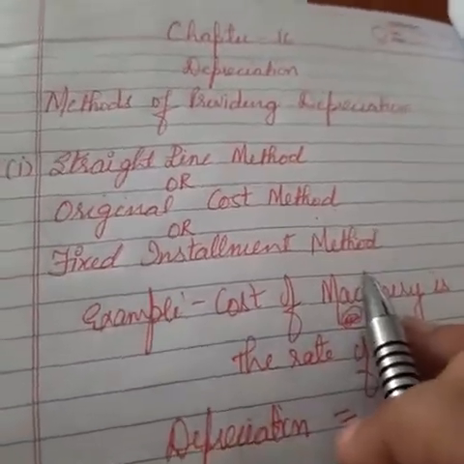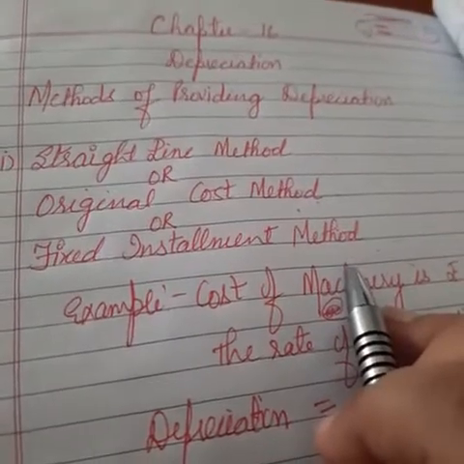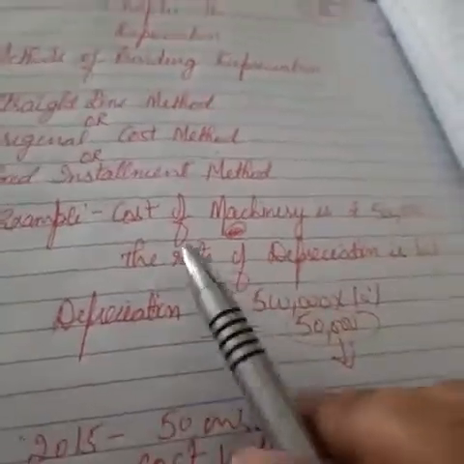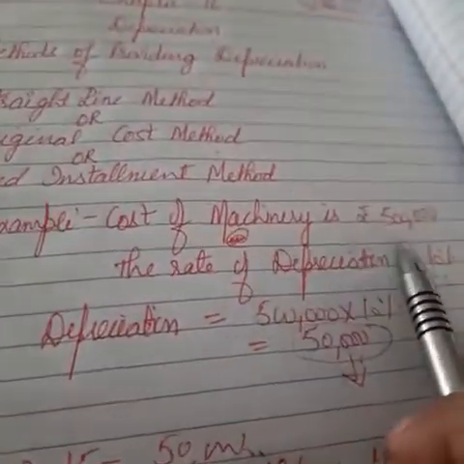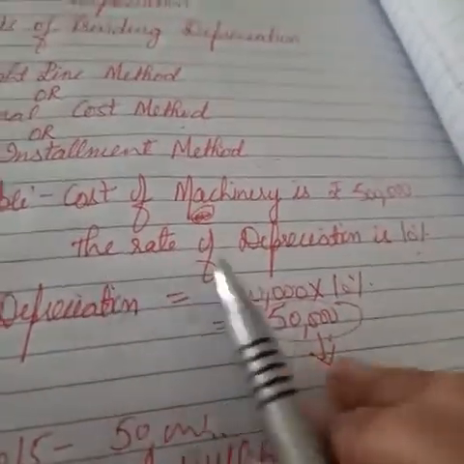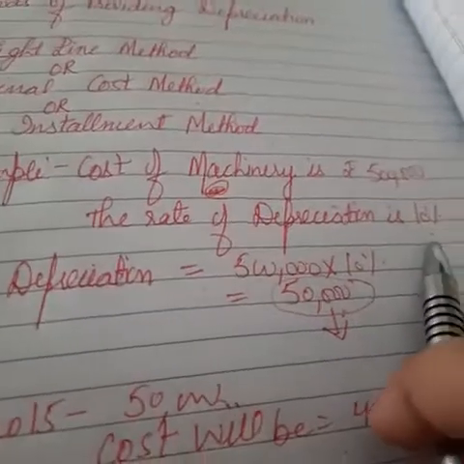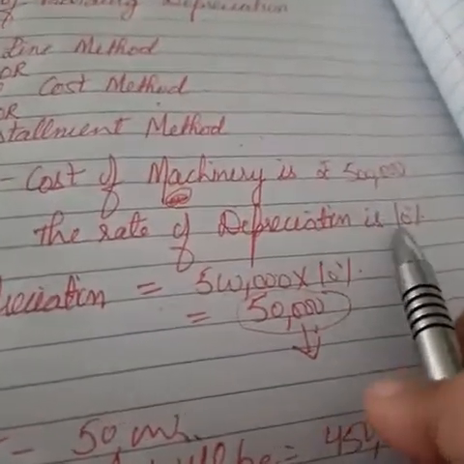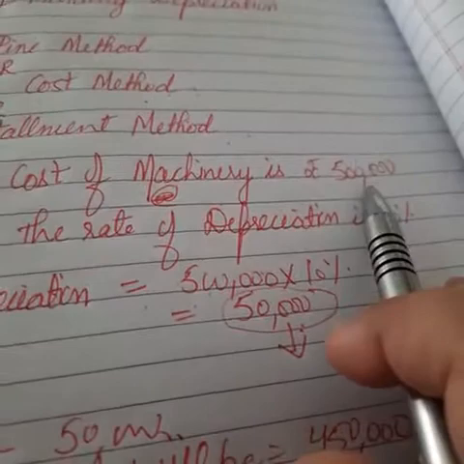Right? Now, let's take an example to elaborate it. The cost of machinery is 5 lakh, meaning we have purchased machinery for rupees 5 lakh. The rate of depreciation is given, that is 10%. Now this rate is applied on the original cost, that is 5 lakh.